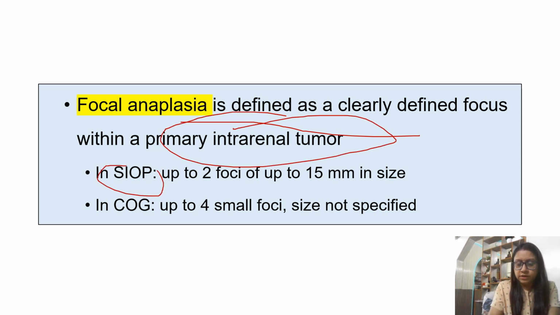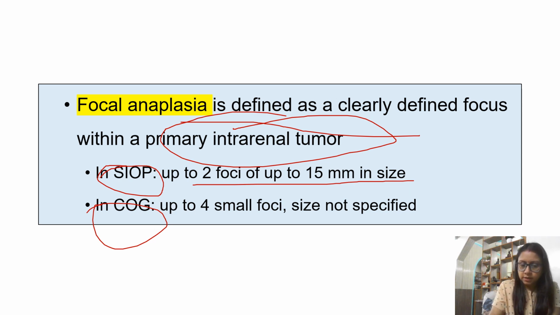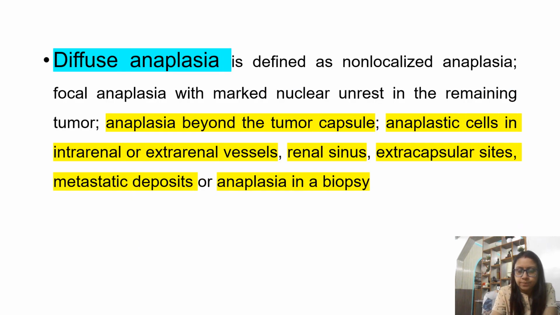The two different gradings हमने देखी थी treatment protocol. तो SIOP में up to 2 foci of up to 15 millimeter in size, that is defined as your focal anaplasia. In the Children's Oncology Group, up to 4 small foci and size has not been specified for labelling it as focal anaplasia.